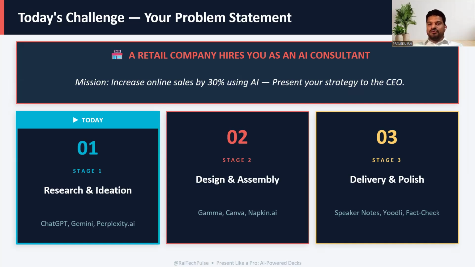Stage 3 in part 4, delivery and polish, including speaker notes, speech coaching and fact checking. We'll try everything. So by the end of part 4, we'll have a complete CEO-ready pitch deck built entirely with AI. Let's start with stage 1. Sounds good? Agree? Okay.